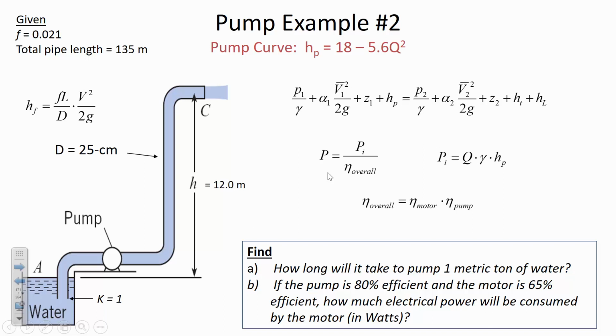So here in this illustration, it looks like we have some lower reservoir, A, and there's an inlet that the water goes through, where we're having a local loss, K equals 1. The water goes through the pump, which is adding pressure, and it has enough energy that it's able to lift the water an elevation difference of 12 meters, and then the water exits here at C, and rather than exiting to a tank, it still has some velocity head as the water comes out of that outlet. So any questions so far?